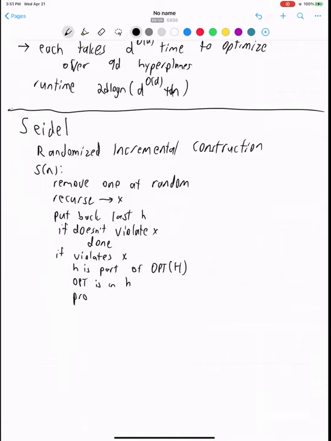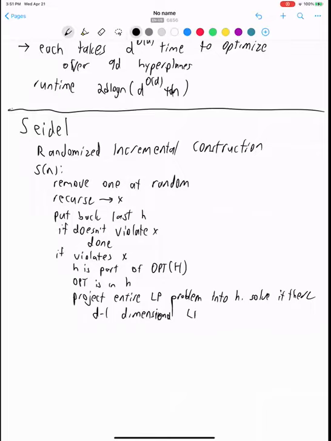I'm going to project the entire linear programming problem into H, and solve it there. And what's really important here is that this is now a D-1 dimensional linear program.